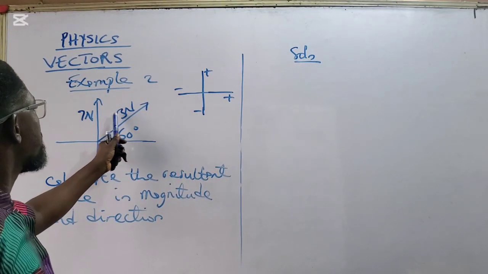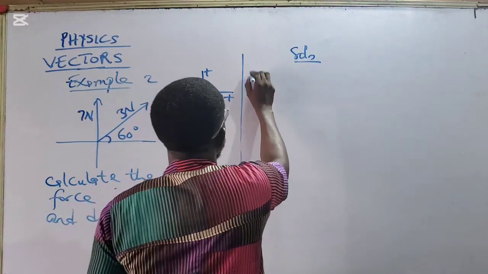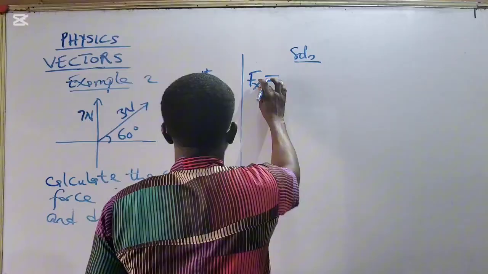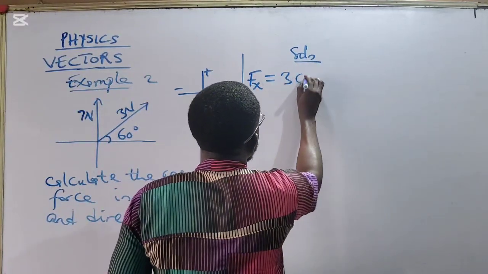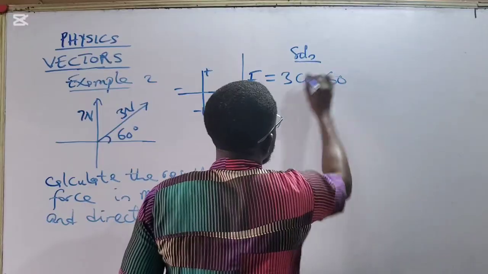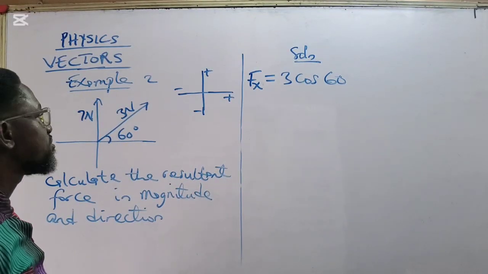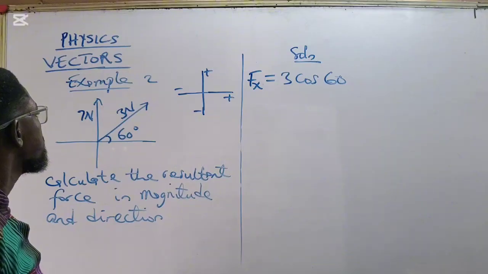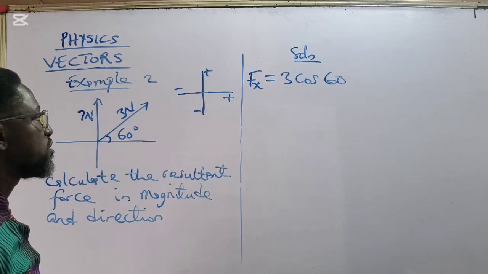So if I resolve the 3 Newton force to the horizontal, Fx, what I will have is 3 cos 60. That is the only thing we have in the horizontal direction.